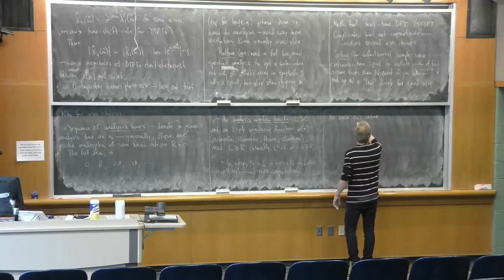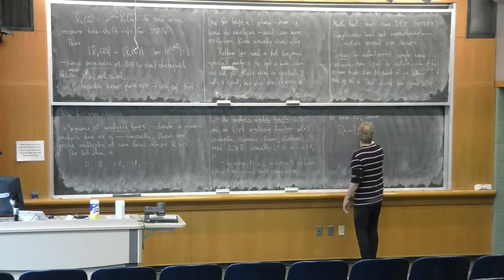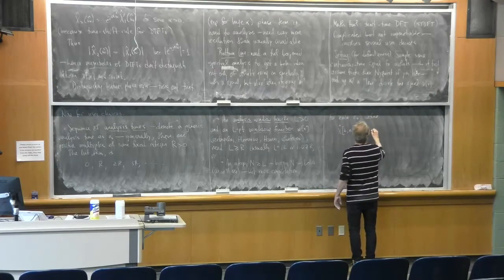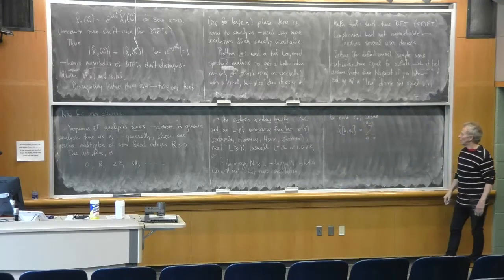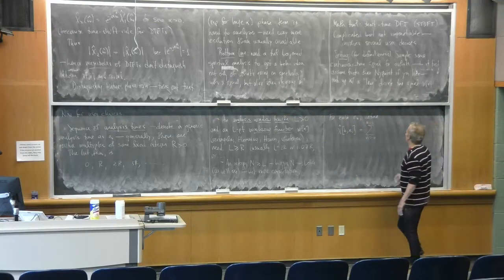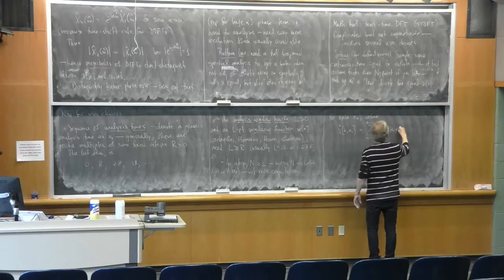So for each n_s define x hat of k comma n_s equal to the sum from n equals 0 to N minus 1, here's where the capital N comes in, of w of n times x of n_s plus n.